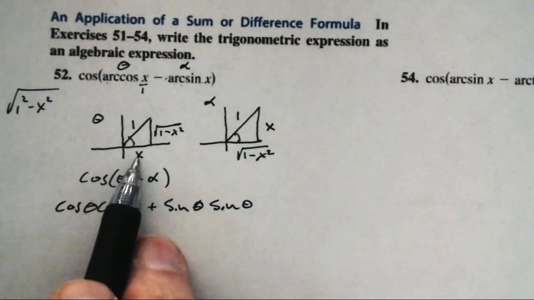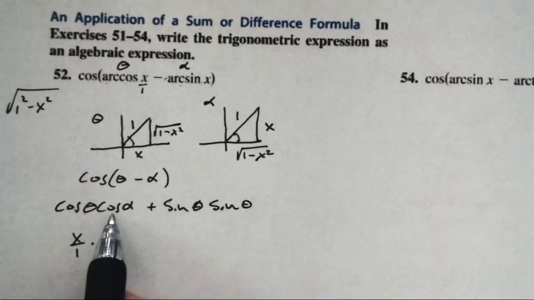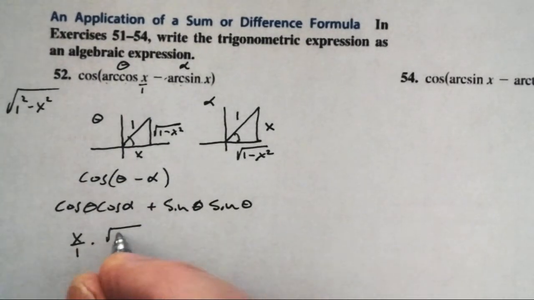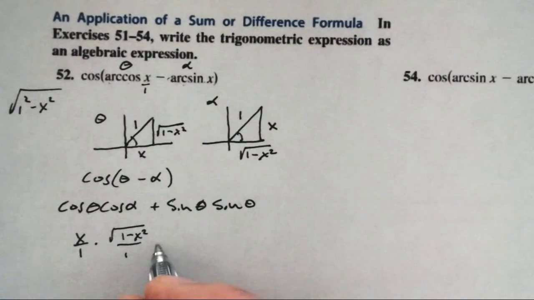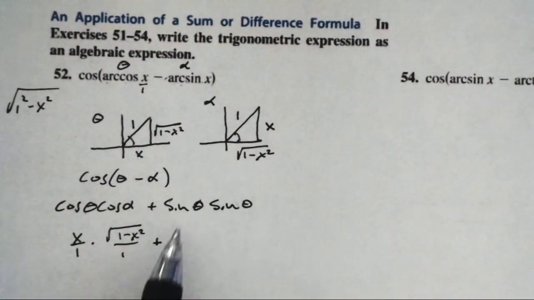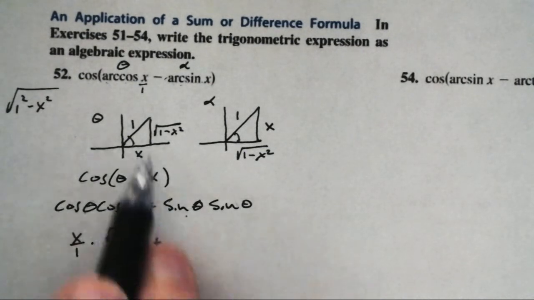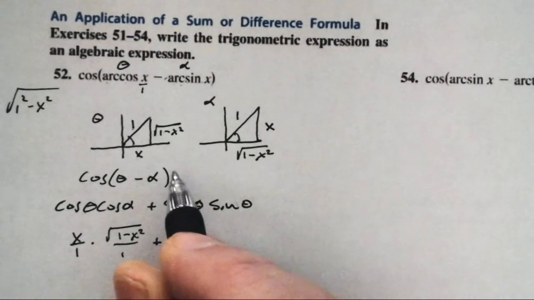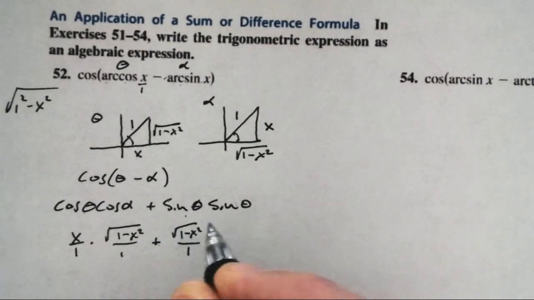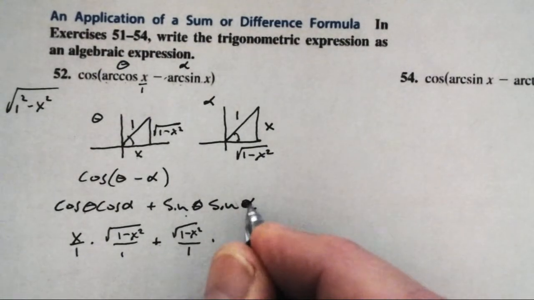Cosine of theta, x on 1, times cosine of phi, square root 1 minus x squared on 1, plus sine theta, square root of 1 minus x squared on 1, times, this should be sine phi here.